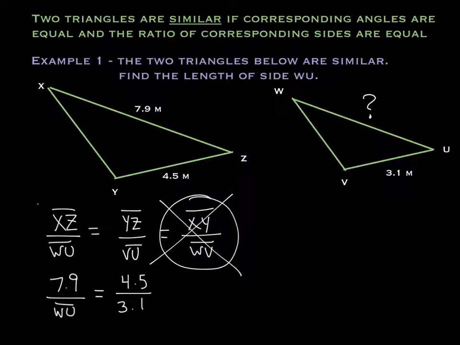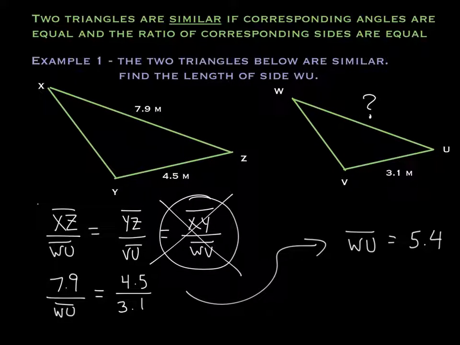Then the number that's across from your variable or unknown, i.e. this 4.5, you're going to divide by. So you say 7.9 times 3.1 divided by 4.5, and if you run that in your calculator, side WU is going to be 5.4.